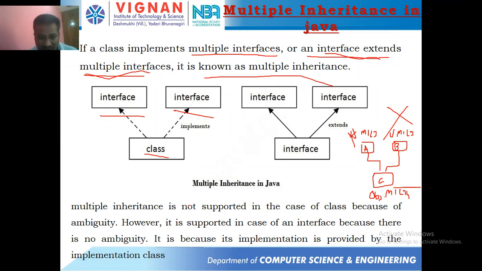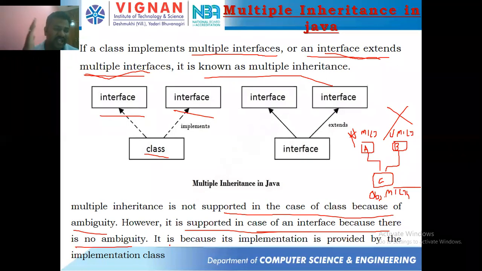Multiple inheritance is not supported in the case of classes because of ambiguity. However, it is supported in the case of interfaces because there is no ambiguity, because the implementation is provided by the implementation class.